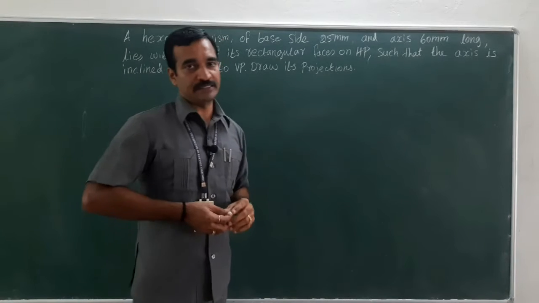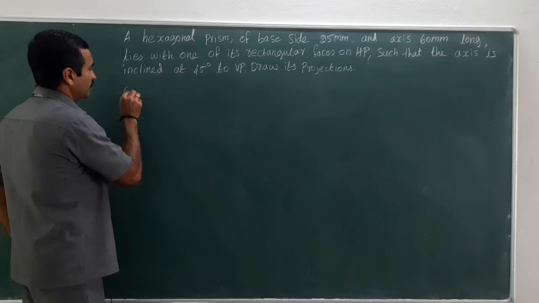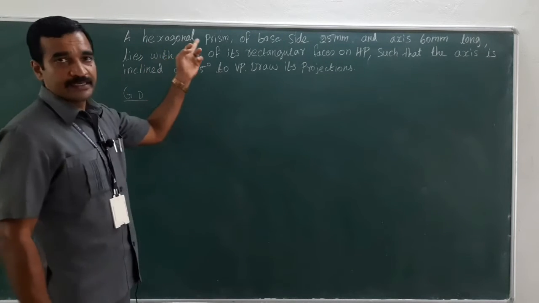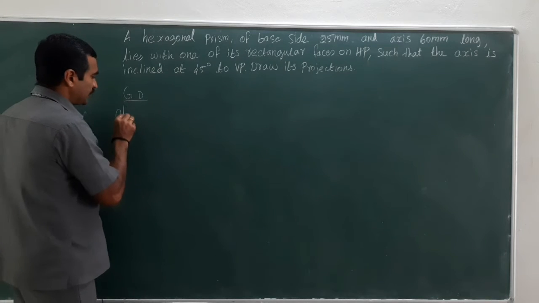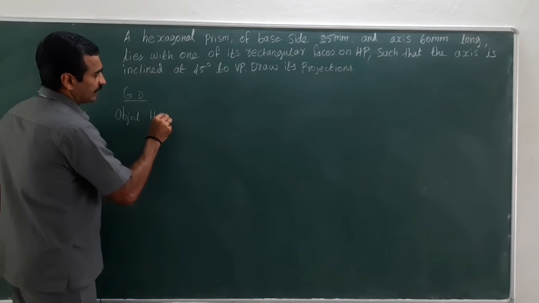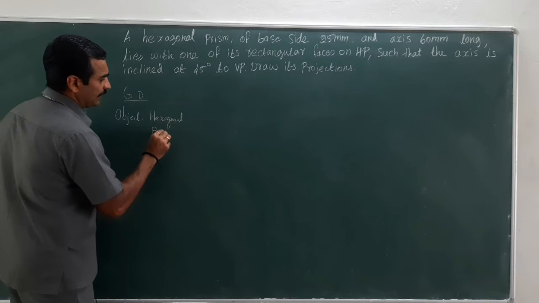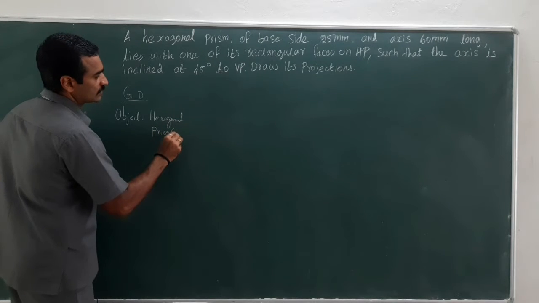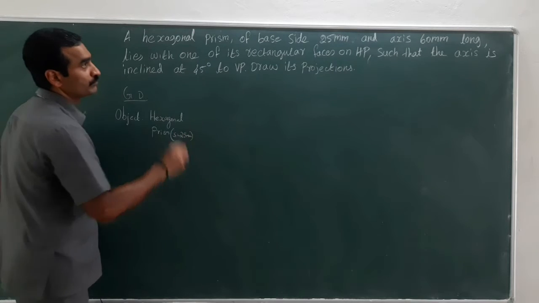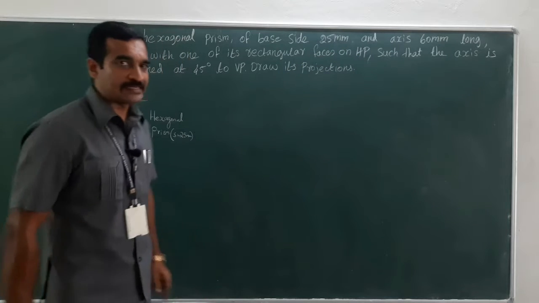Draw its projections. So, given data, the object is a hexagonal prism of side S is equal to 25 mm, and axis 60 mm long, which is nothing but the axis height.